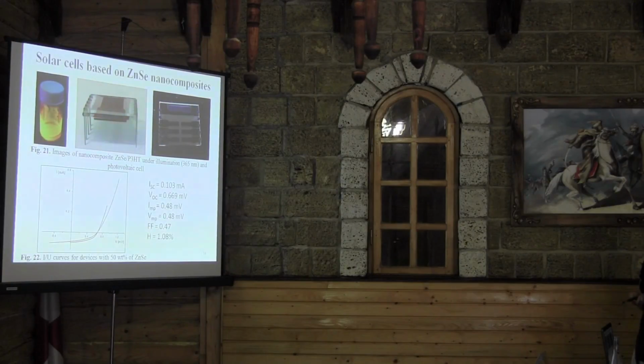As you can see in figure 25, it's polymers under illumination and in the typical photovoltaic cells. For example, in figure 22, we have the voltage-current characterization for these devices, and the efficiency of these devices is about 1.